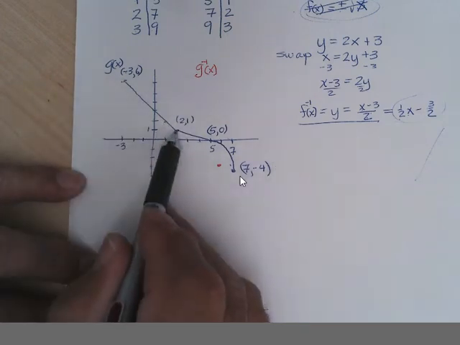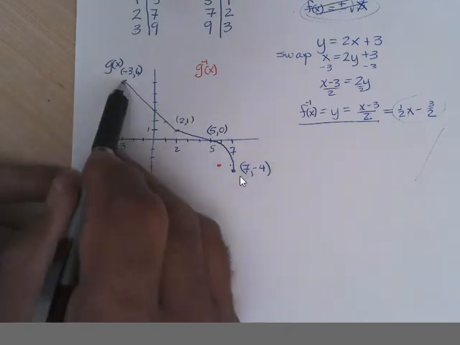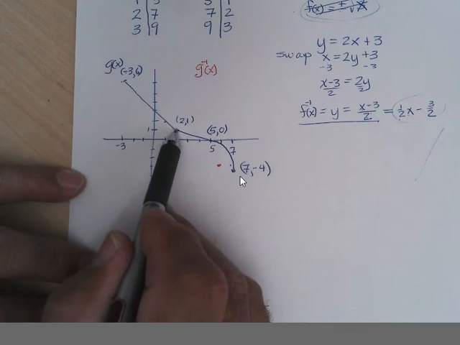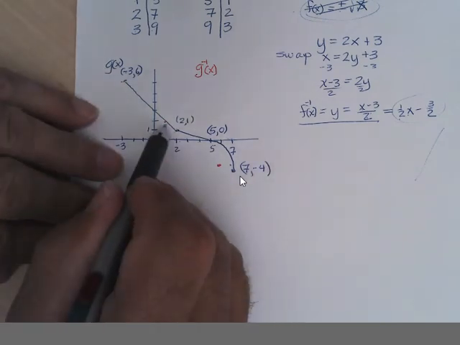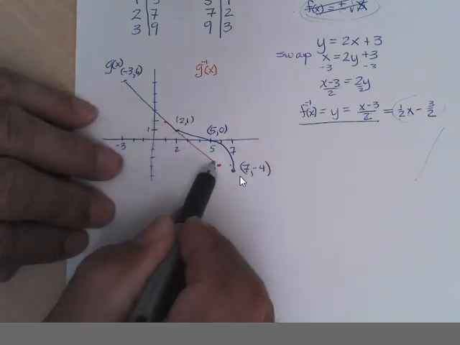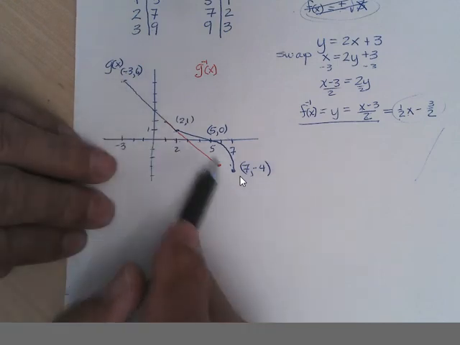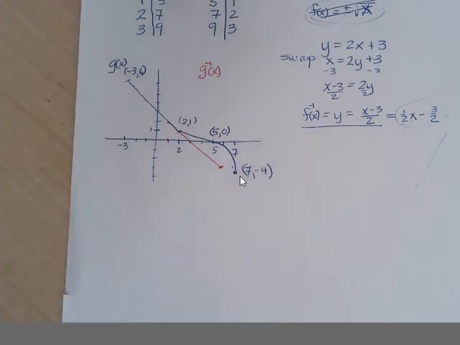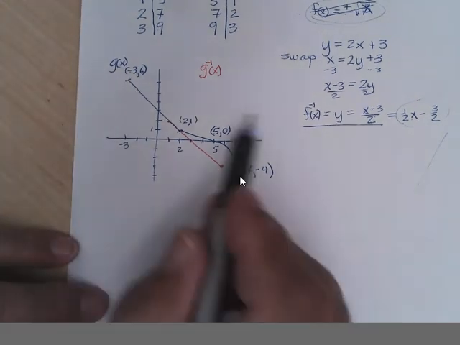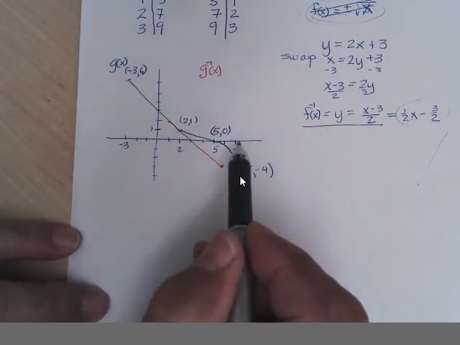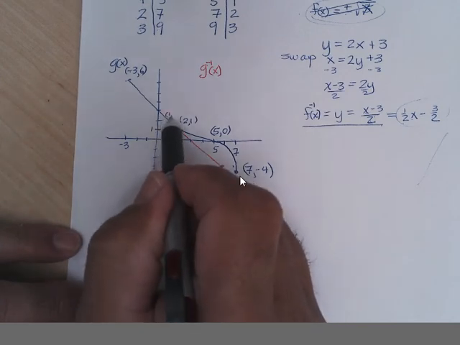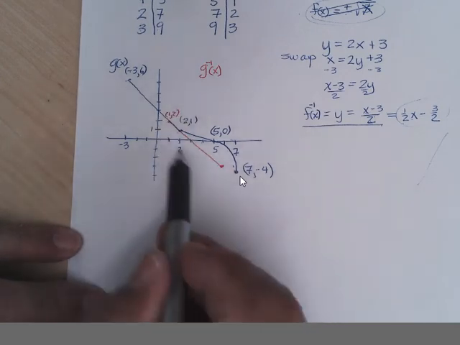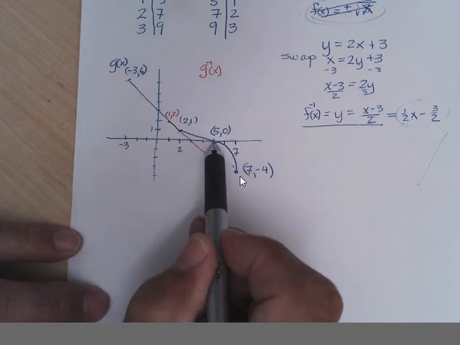Now these 2 points were connected. So on the inverse, those should be connected also by a straight line. So this becomes this. Now this (2, 1), which became (1, 2), is connected to (5, 0).